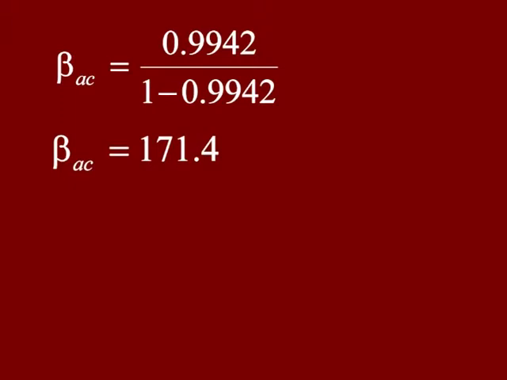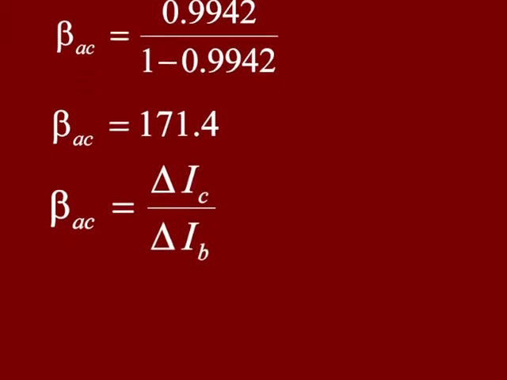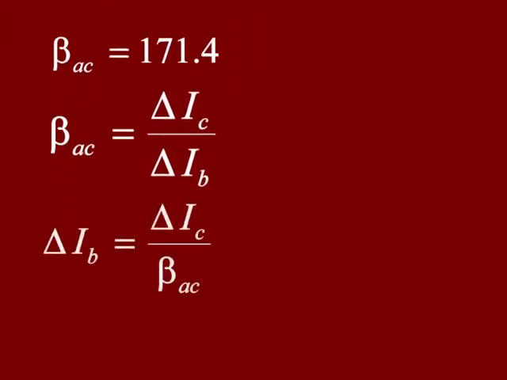And now, to find out the change in base current, delta IB, we use the formula beta AC is equal to delta IC upon delta IB, or delta IB is equal to delta IC upon beta AC.